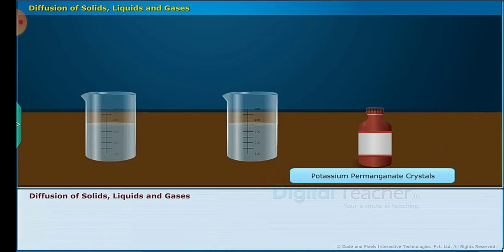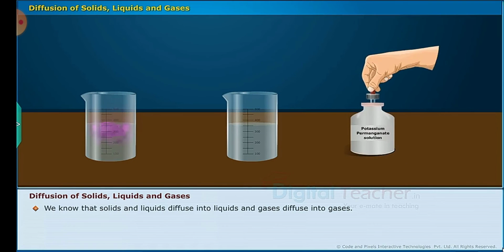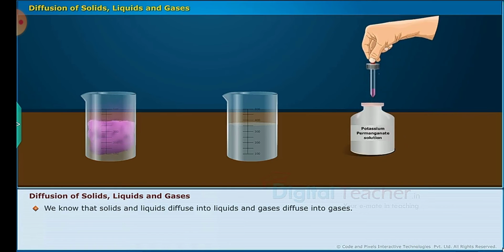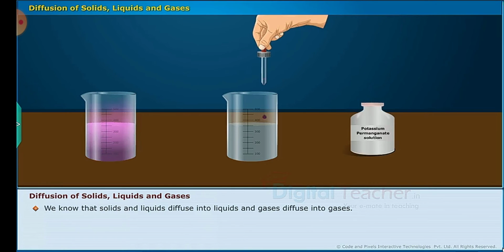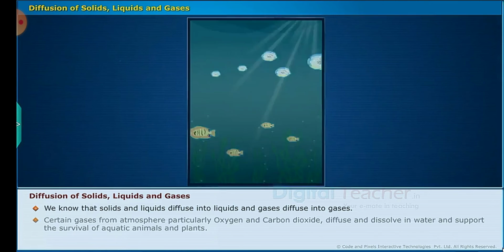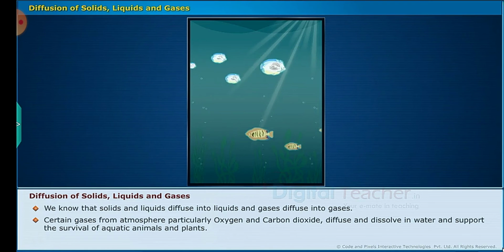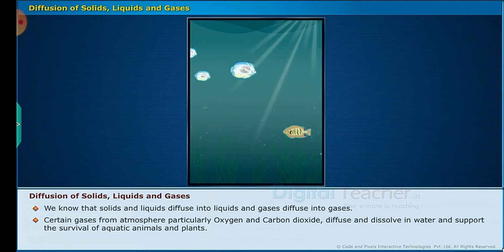Let us know about the diffusion of solids, liquids, and gases. We know that solids and liquids diffuse into liquids and gases diffuse into gases. Certain gases from atmosphere, particularly oxygen and carbon dioxide, diffuse and dissolve in water and support the survival of aquatic animals and plants.